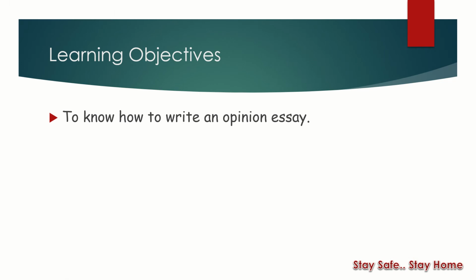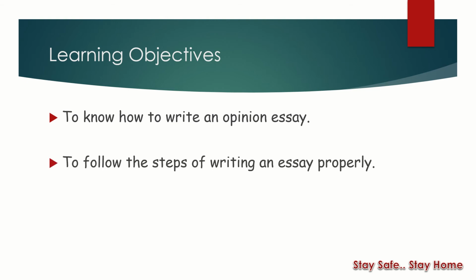Our learning objectives for today, guys. The first one is to know how to write an opinion essay. Obviously, we are studying how to write an opinion essay, so our purpose when this lesson finishes is for you to be able to write one. The second is to follow the steps of writing an essay properly, because we have many types of essays.